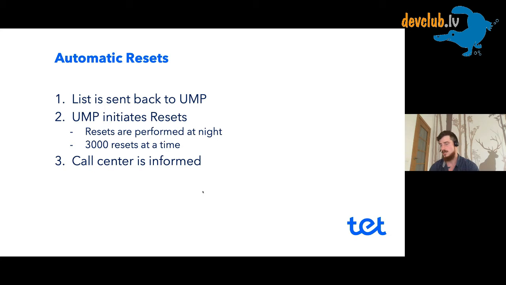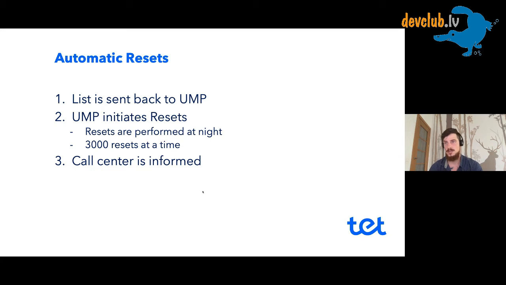And this is another point in this flow where this is not exactly streaming, and for a good reason. These resets are performed at night because this is the time when customers are the least affected.